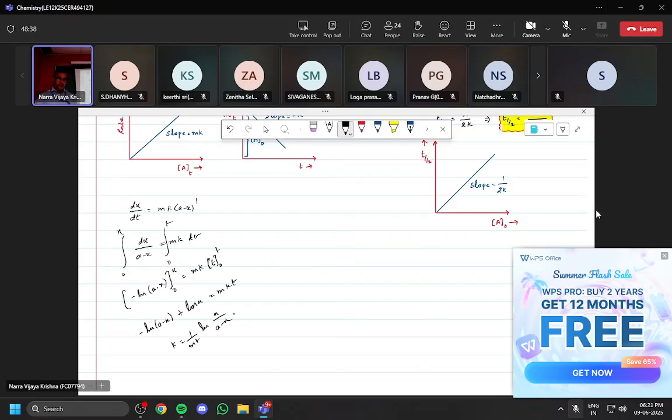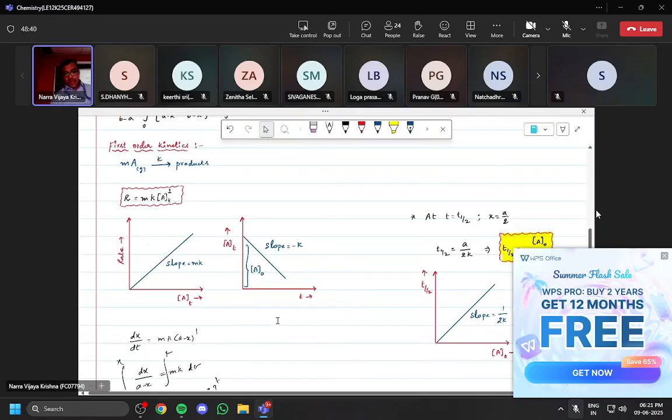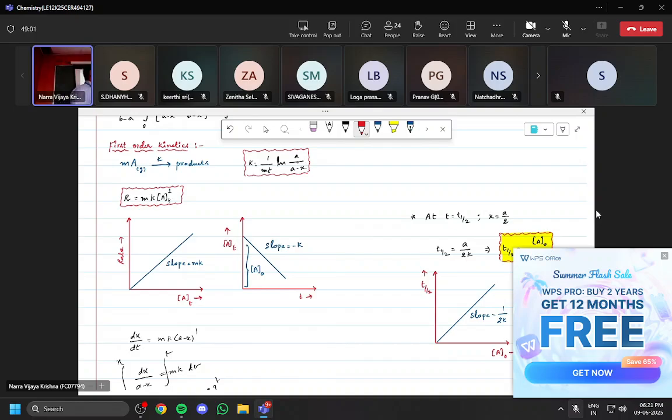Correct? So I am writing the same: k equal to 1 upon mt log a upon (a minus x). Instead of a, can I write a naught? Instead of a minus x, can I write At?